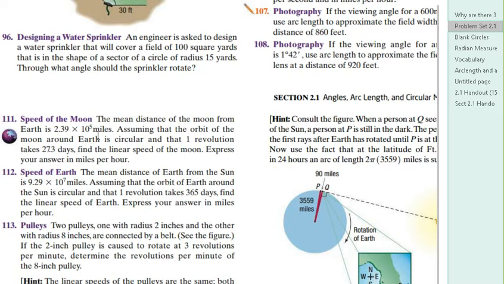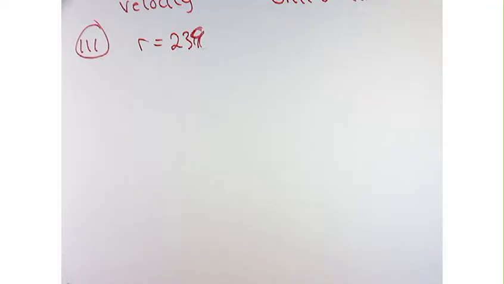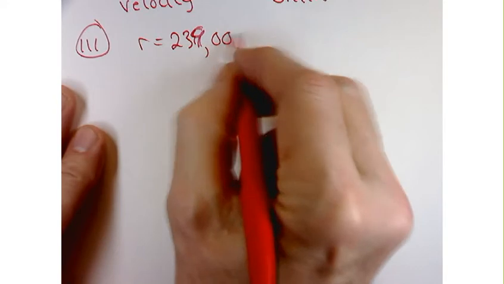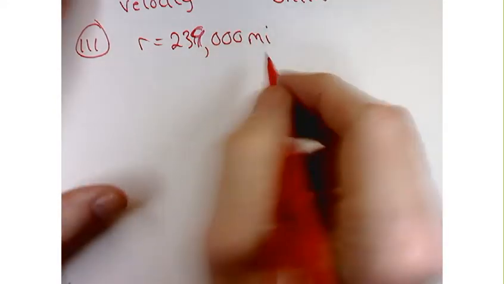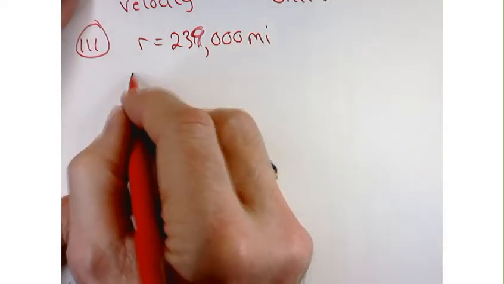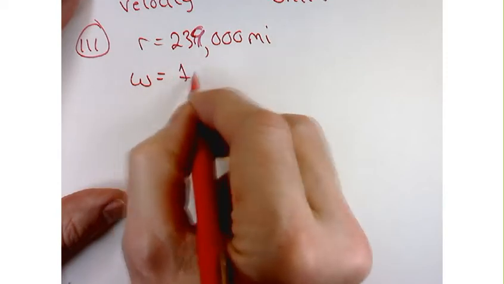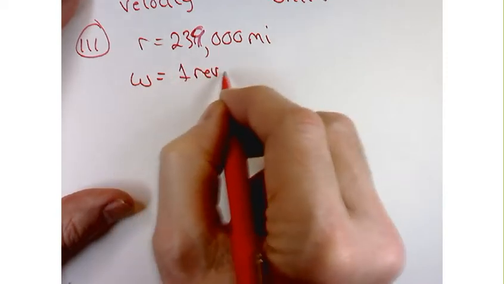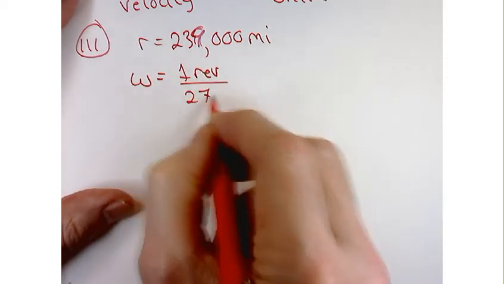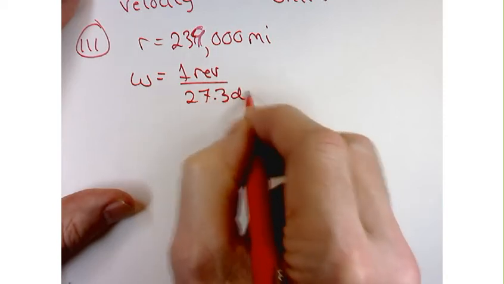And the other thing I want is that one revolution takes 27.3 days. So 239,000 miles, that's our radius. And omega is going to be one revolution every 27.3 days.